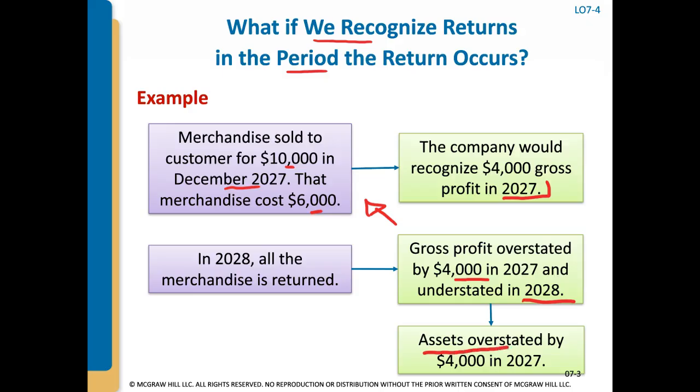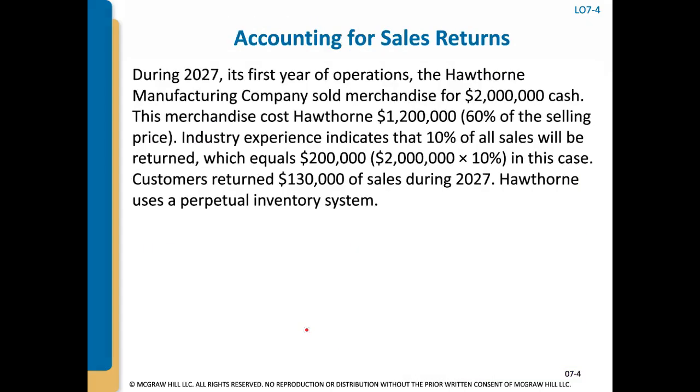Also my assets are overstated by $4,000 in 2027 because when I made that sale, I either debited cash or accounts receivable. So either way, my assets would be overstated. That's not a good way, so we can't just record returns when they actually happen.